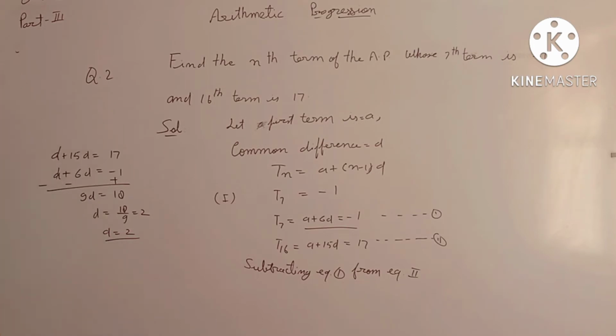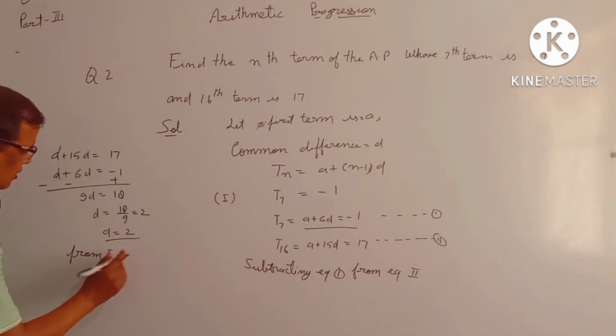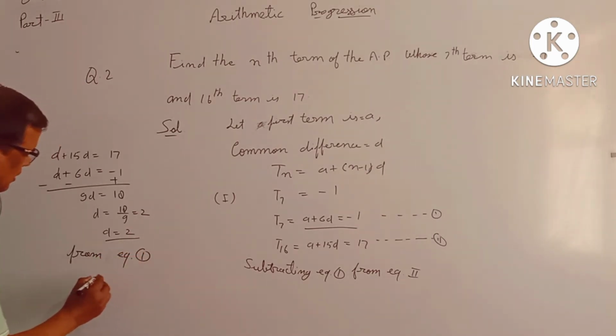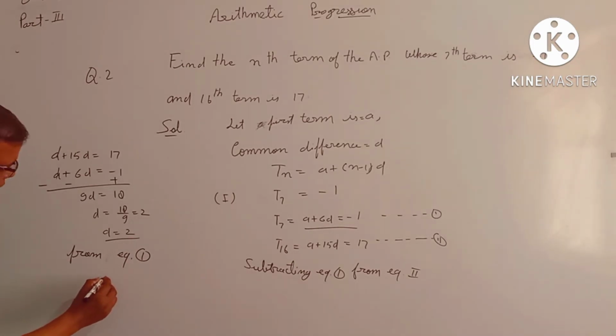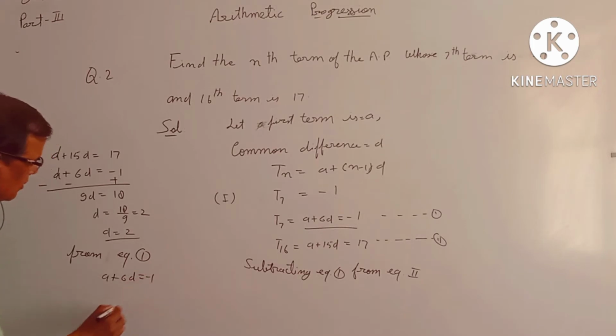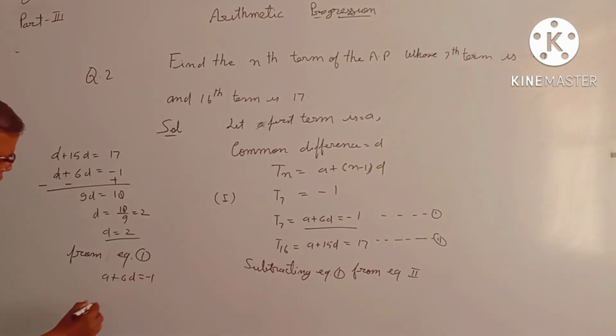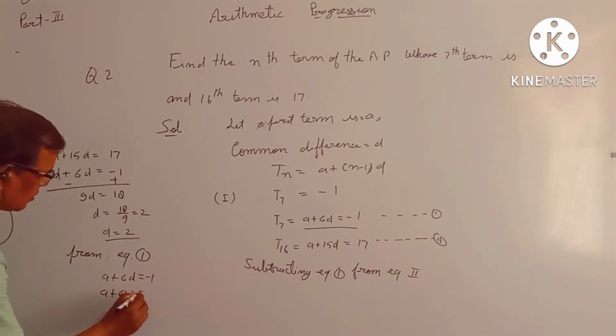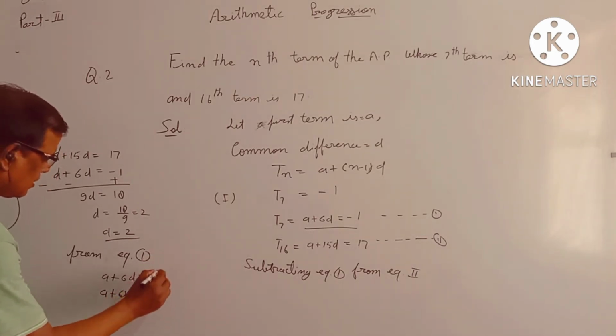Now we find A. So we take the first equation, A plus 6D equals minus 1. As D is 2, A plus 6 into 2 equals minus 1.